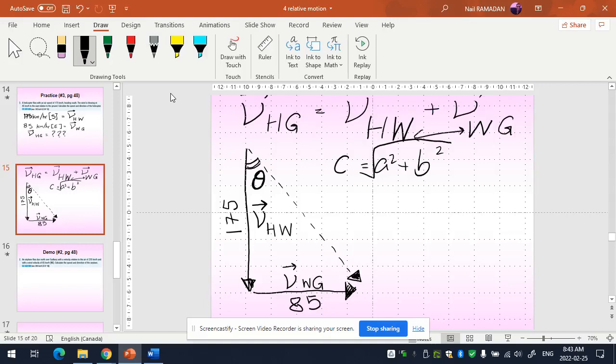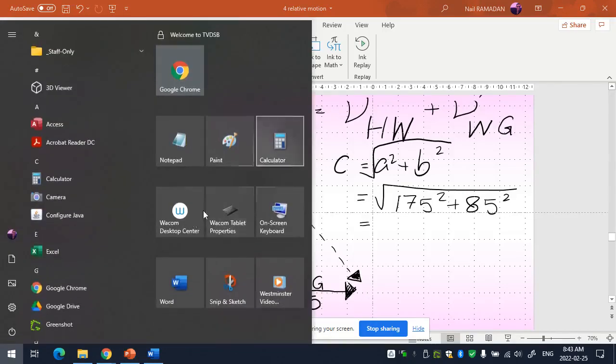Okay, so that would be, equals square root of 175 squared plus 85 squared. All right, let's jump to the final answer. I've got my trusty calculator right here.